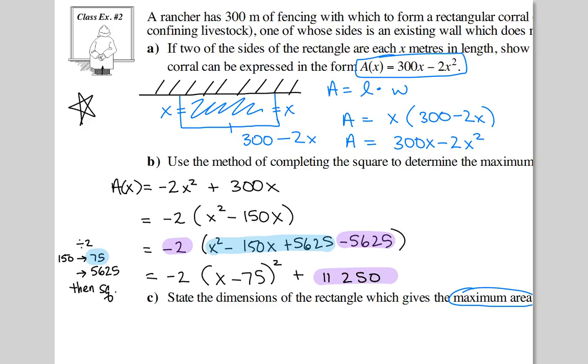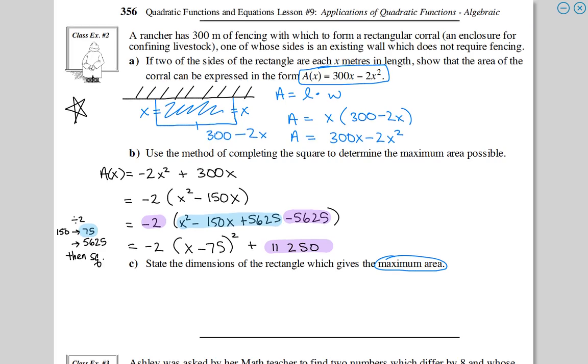Okay. So using the complete the square, what vertex do we have? In the equation, it says minus 75, so the x value, or the p value, is positive 75. We've talked about that twice now. If this is positive, it says it's negative in the equation.